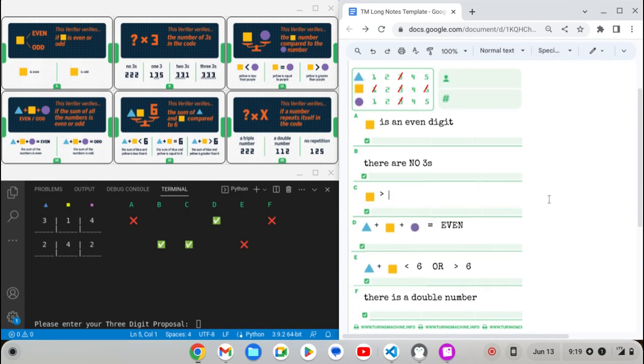What can we eliminate from that? If square has to be bigger than circle, then circle can't be 5, right? Circle would not be bigger, as well as 4. Circle can't be either 4 or 5.